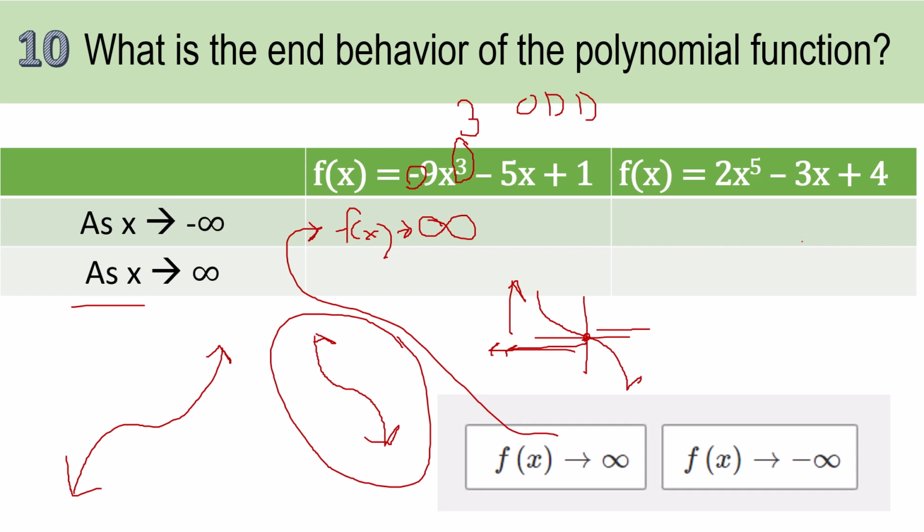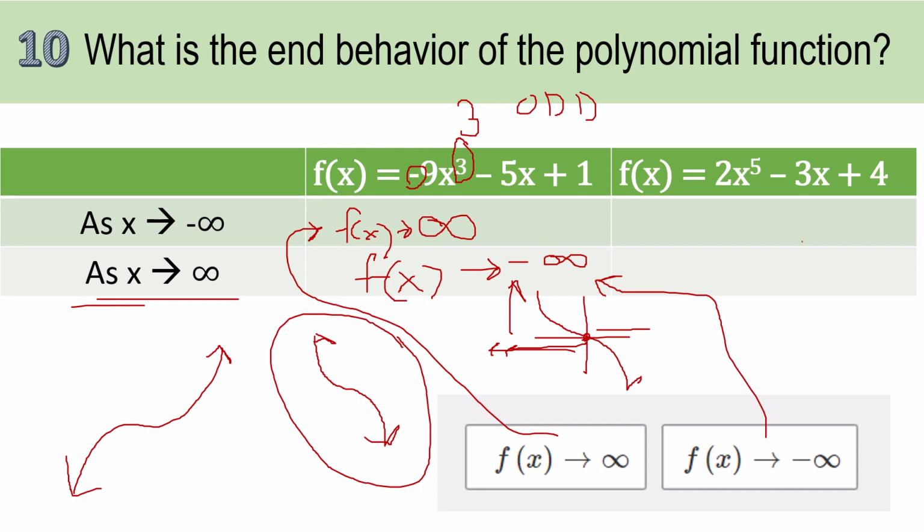All right, let's go underneath. So as x approaches positive infinity, f of x is approaching negative infinity. Okay, so that goes right here. I'm going to change my pen color and we'll go on to the next one.